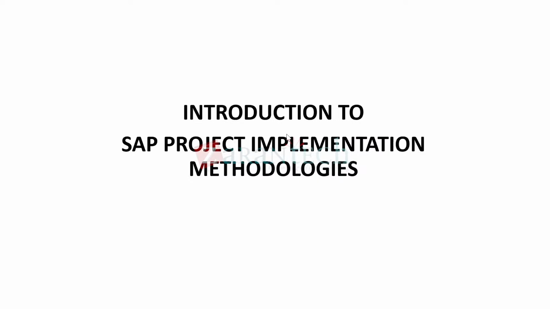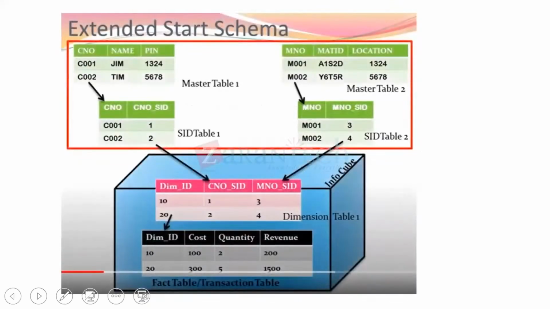Okay, so star schema is a concept of data warehousing software in itself. The star schema had some flaws, which SAP addressed, those flaws or shortcomings, and launched its product called BW. BW is having something called extended star schema.